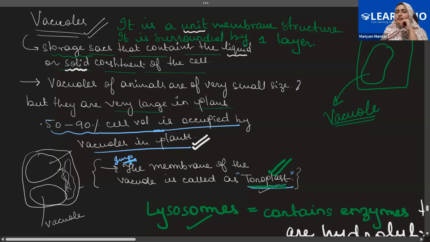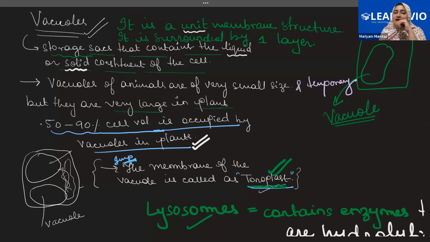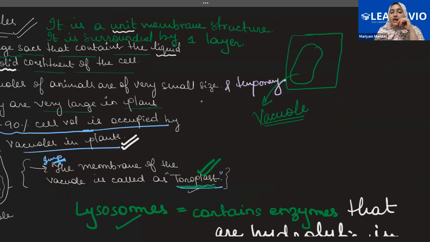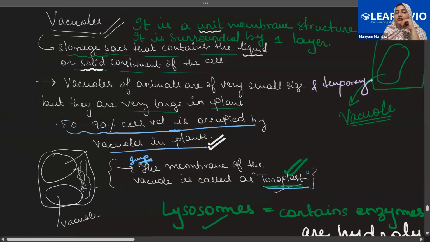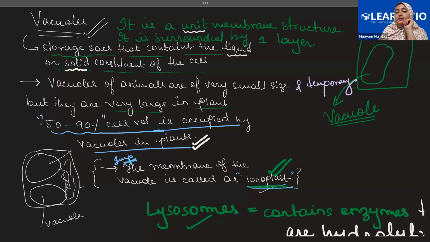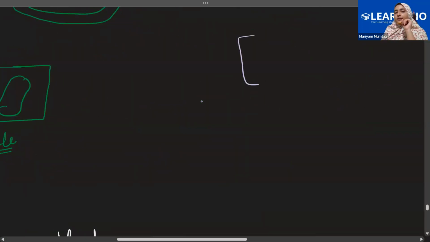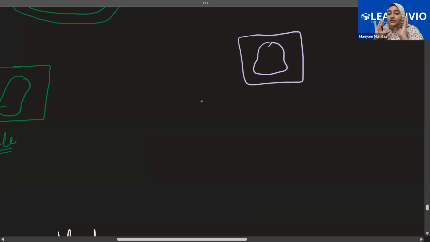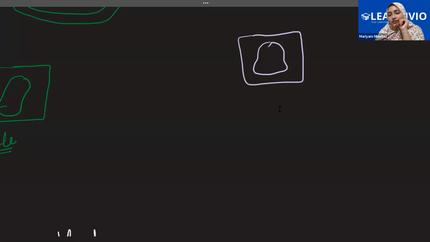Always remember, animals do not have permanent vacuoles. Whereas plants have big size, permanent vacuoles. And this is very important: what volume of the cell is occupied by the vacuole? 50 to 90%. See, this is the cell of a plant and the vacuole is present like this. Imagine 50 to 90% of the space is taken by the vacuole.